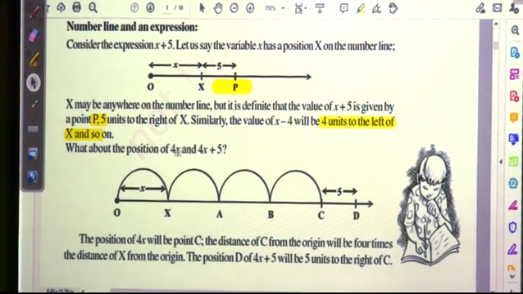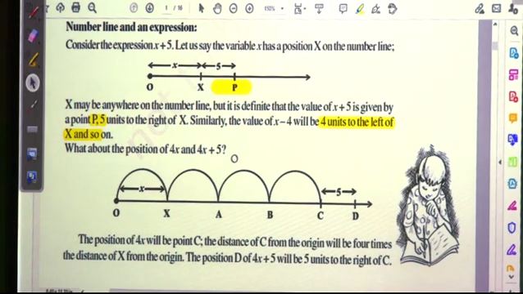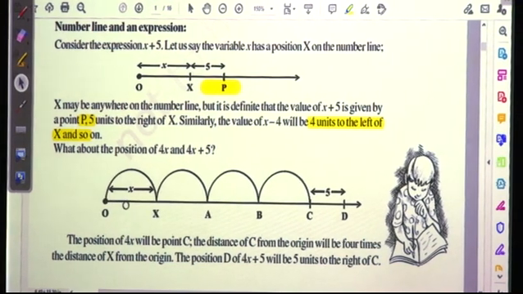What about the position of 4x and 4x plus 5? Now, 4x means whatever the value of x is, we are multiplying it 4 times.